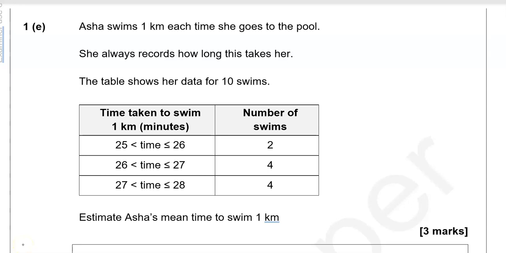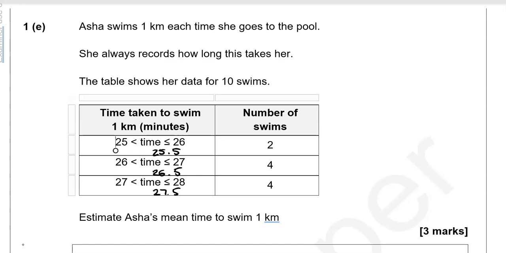So in between 25 and 26, the midpoint would be 25.5. Midpoint between 26 and 27 would be 26.5. Between 27 and 28 would be 27.5. So we're going to multiply them across.